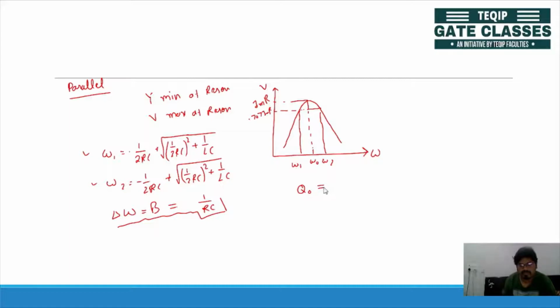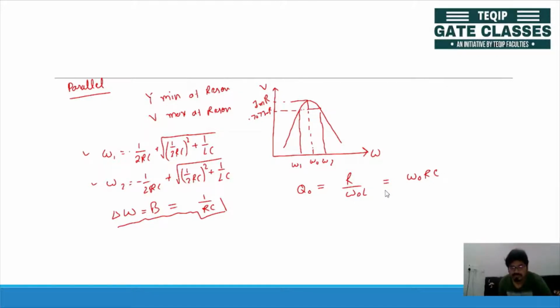If you write in terms of inductance, it will come R upon omega naught L, means reciprocal to the formula we get in series resonance. In series resonance we got quality factor as omega naught L by R. If you want it in terms of capacitance, you'll get it as omega naught RC.